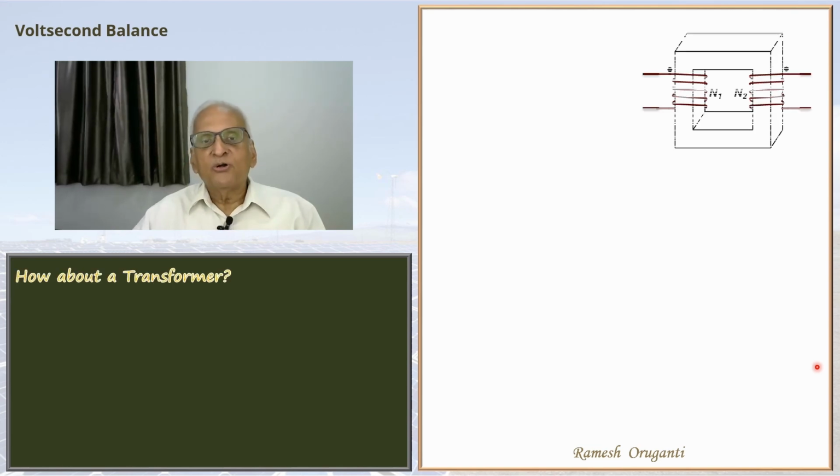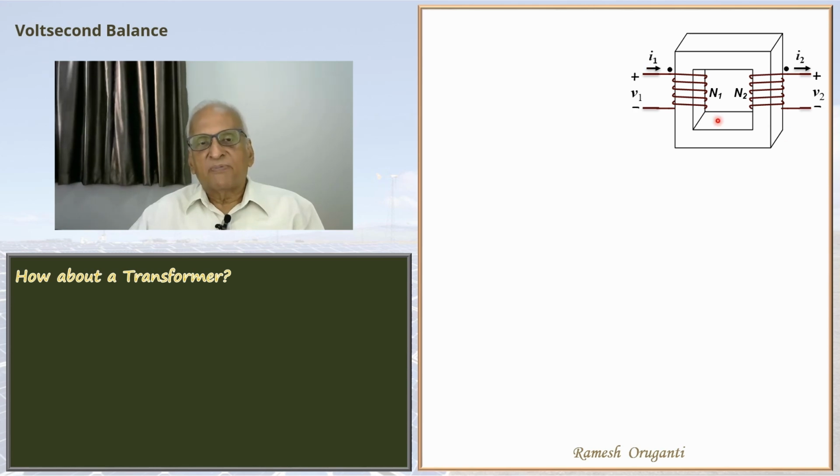This is a core with 2 windings, so it's a 2-winding transformer. This is the primary winding, this is the secondary winding, and N1 and N2 are the turns. Now V1 is the primary voltage, V2 is the secondary voltage, I1 is the primary current, I2 is the secondary current, N1 I1 is the primary magnetomotive force or MMF, N2 I2 is the secondary MMF.